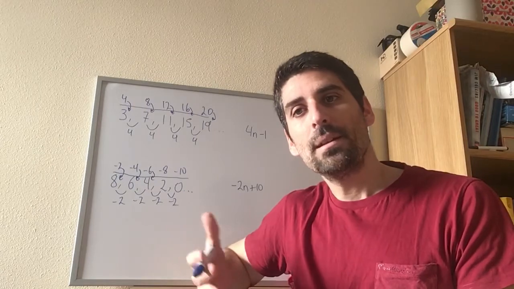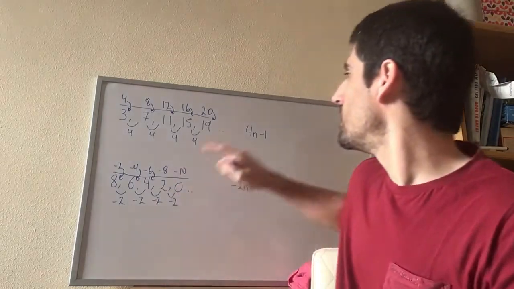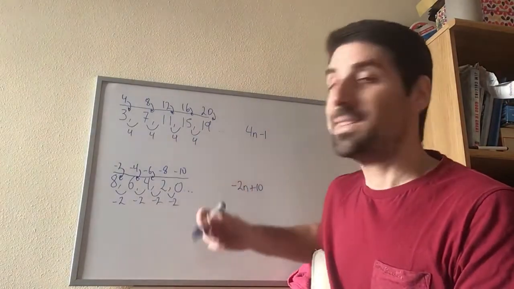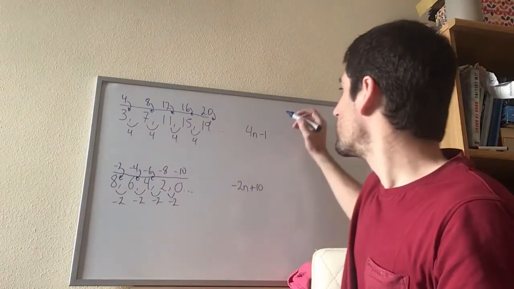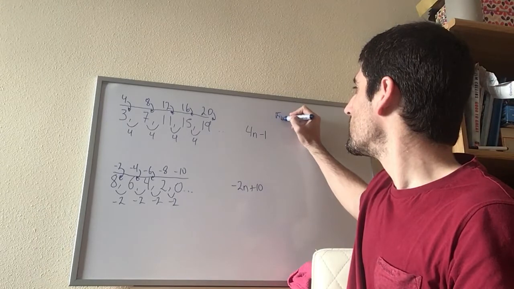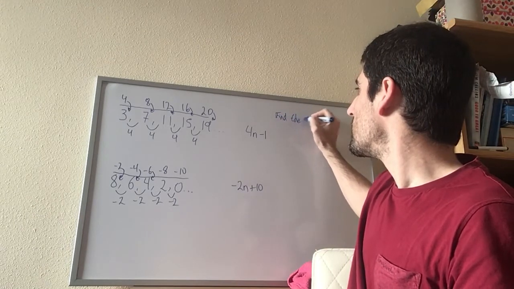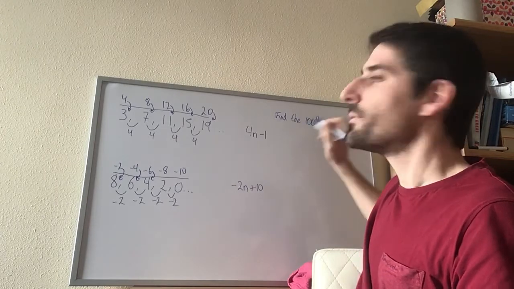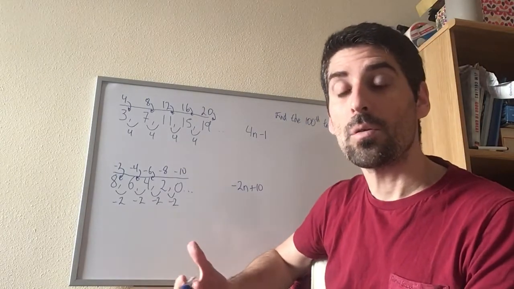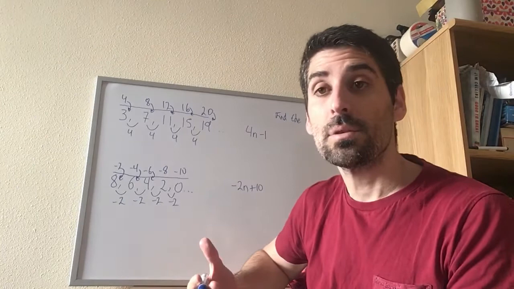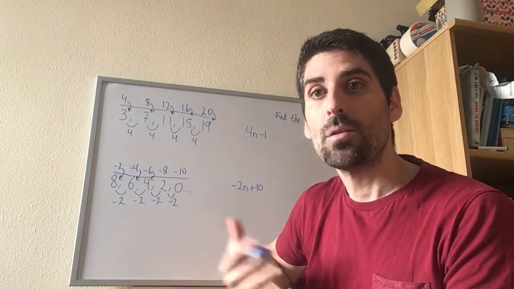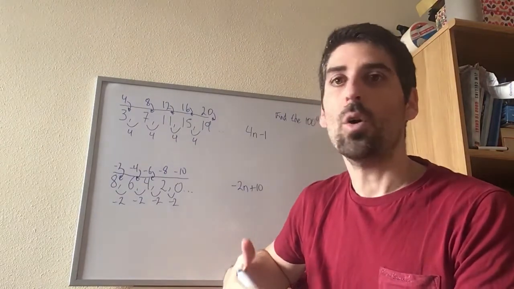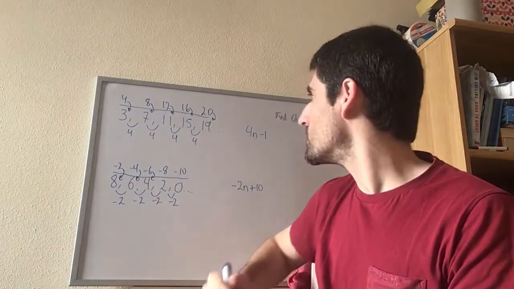Typically, they may ask you to find the 100th term of that sequence. All you have to do is substitute n for 100, or 50 if they ask you to find the 50th term, or 20 or whatever it is. So it's pretty straightforward.